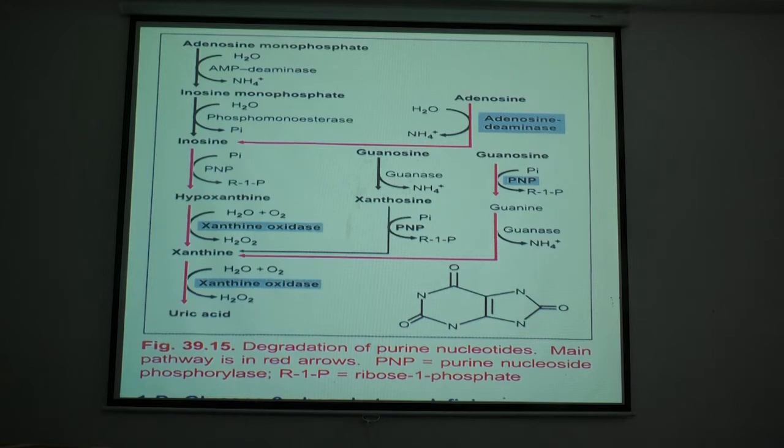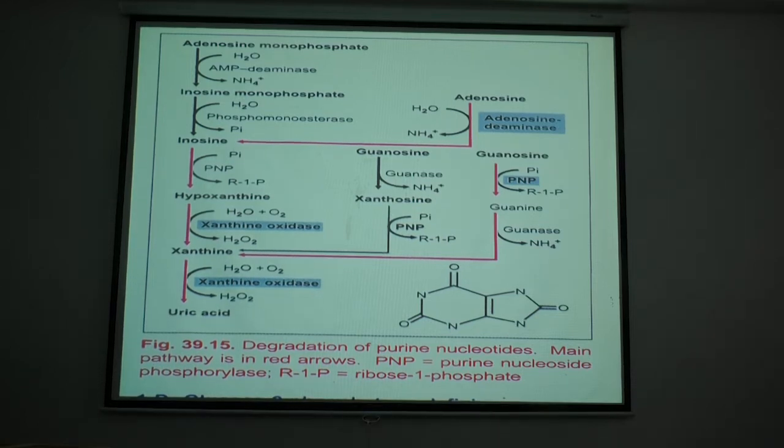First it is IMP, inosine monophosphate. Then inosine monophosphate is converted to inosine by the help of the enzyme phosphomonoesterase.